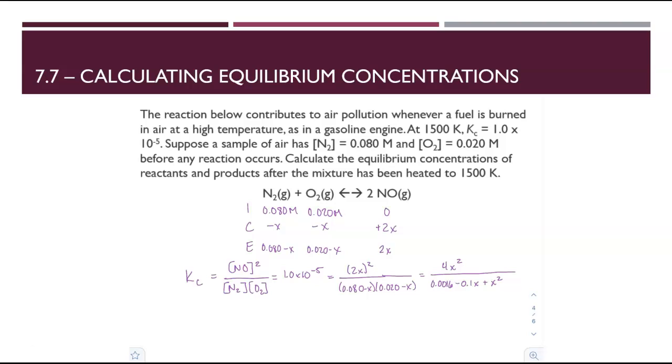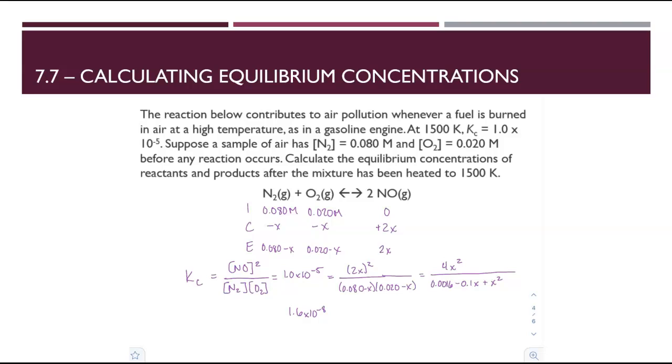Now we multiply our denominator by the equilibrium constant to move it to the left side of the equation, so we end up with 1.6 times 10 to the negative eighth.